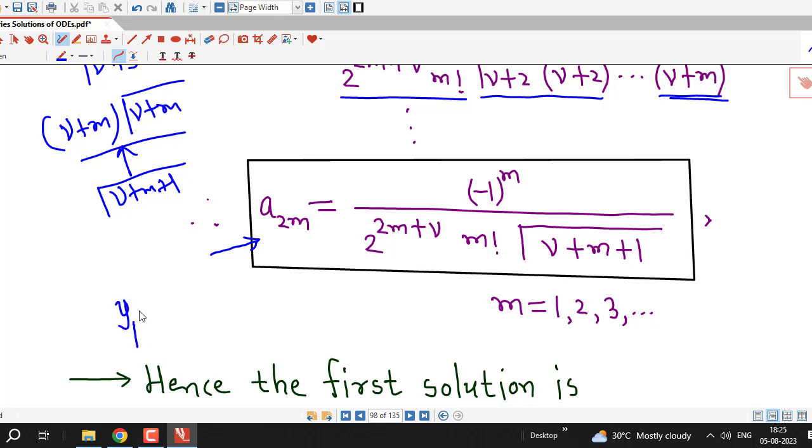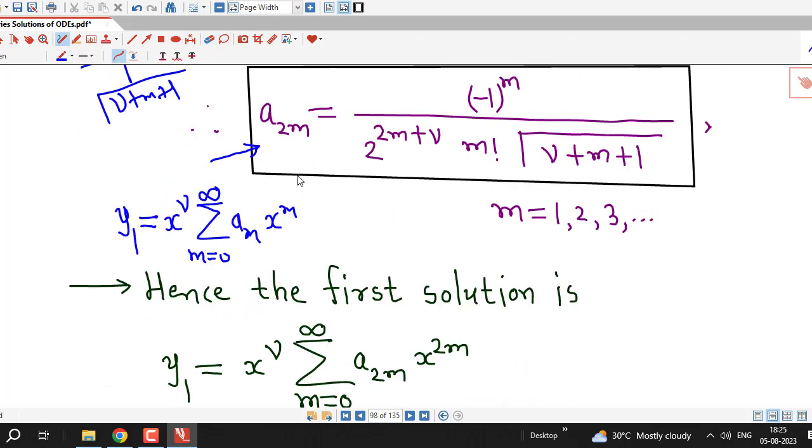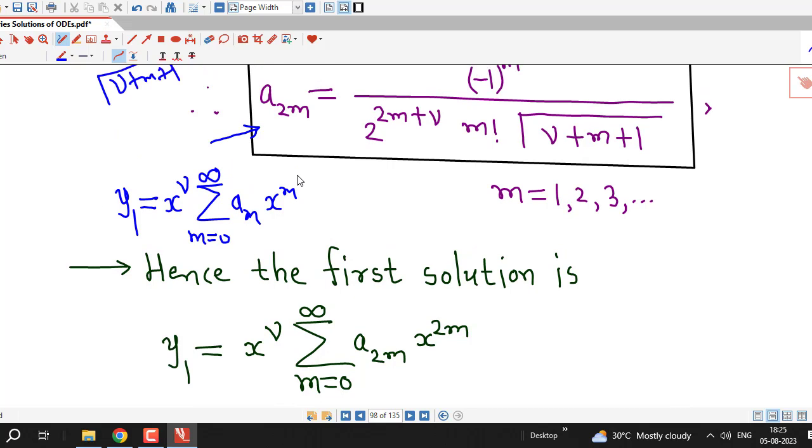We have assumed this form of solution: x raised to nu sigma m equal to 0 to infinity am x raised to m. Now we have seen that odd coefficients are 0. So now, instead of am x raised to m, we can write a2m x raised to 2m, because am equal to 0 for m equal to 1, 3, 5 and so on.